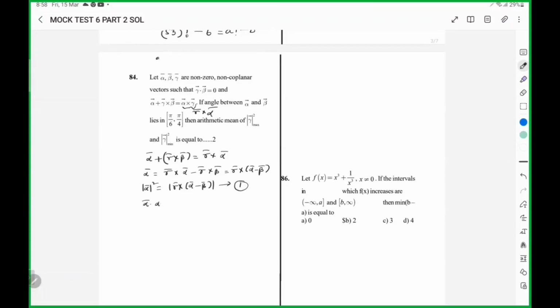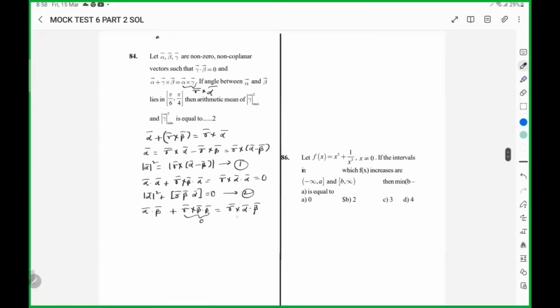And if I make dot product with alpha, gamma cross alpha dot alpha, which is 0. Mod of alpha square plus, if I make dot product with beta, two vectors are identical, 0.